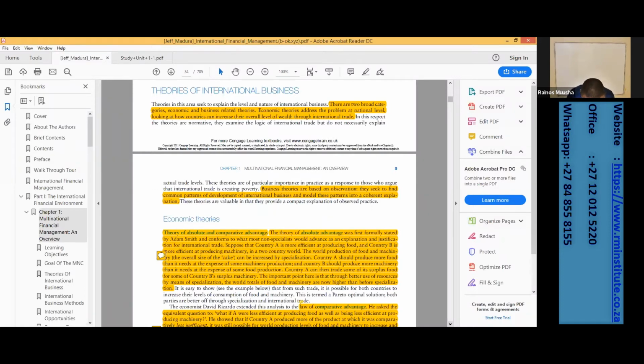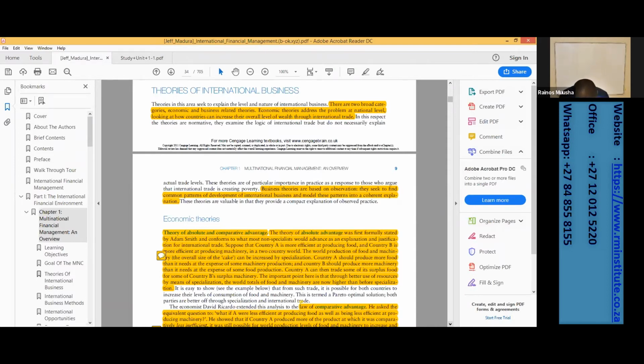In the same paragraph, on line number 3 from the bottom, they say business theories are based on observation. They seek to find common patterns of development of international business and model these patterns into coherent explanation.